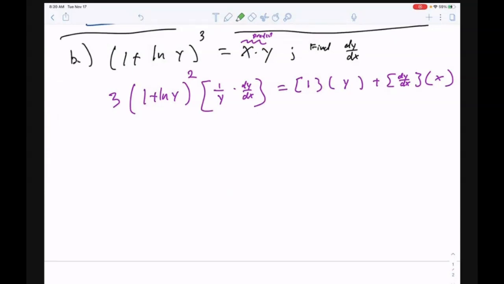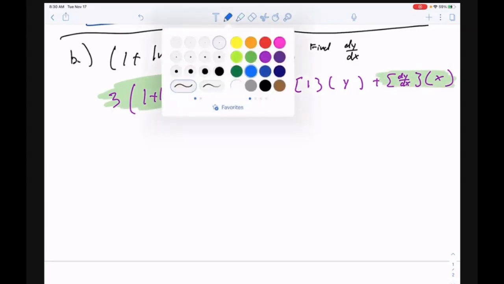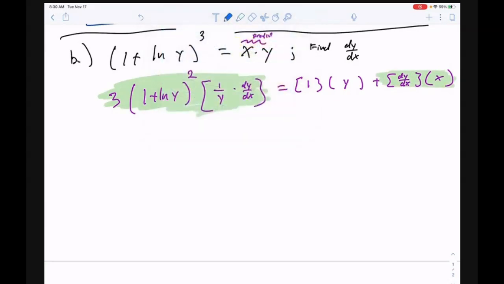Visually, I like to look for all the dy/dx terms. So we're going to move x dy/dx over to the left side. I'm sorry, yes. So we're going to subtract x dy/dx. And then I'm going to clean up the other part.